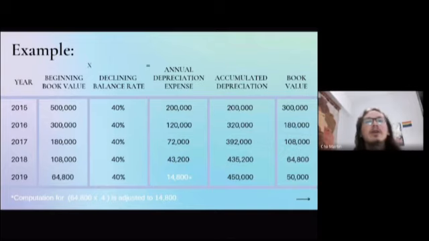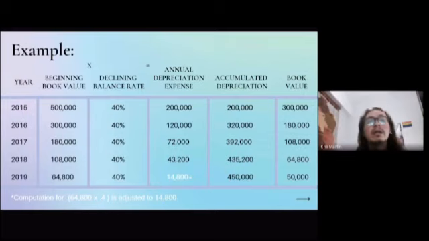Starting with 180,000 again, our beginning book value for 2017 is 180,000, and with the same declining balance rate of 40%, if we multiply it, we'll get 72,000, and then added to the 320,000 accumulated depreciation from last year to get the total of 392,000. And then our book value would be 108,000.